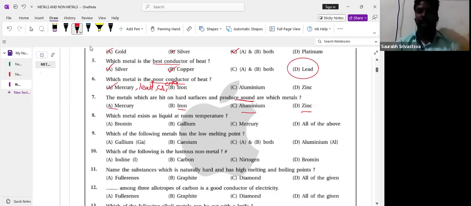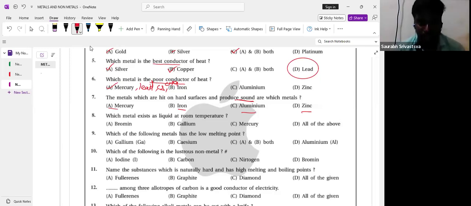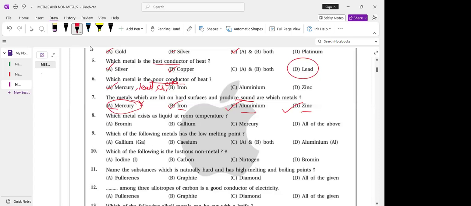Actually the question is not given a proper answer. Mercury won't make the sonorous sound, but iron will make the sonorous sound, aluminum will make the sonorous sound, zinc also will make the sonorous sound. So all the three options are correct except mercury. Okay, so that one you have to select.